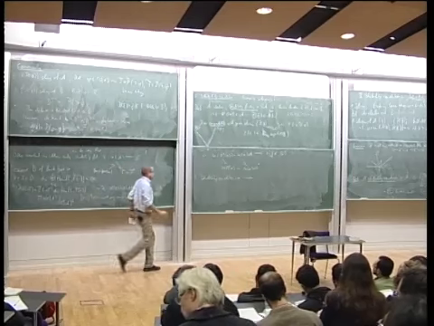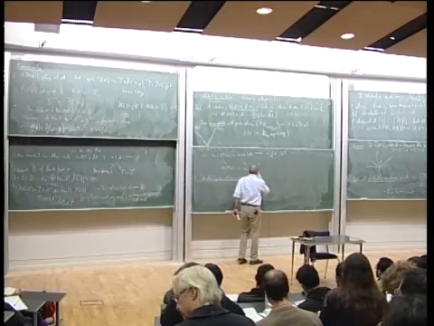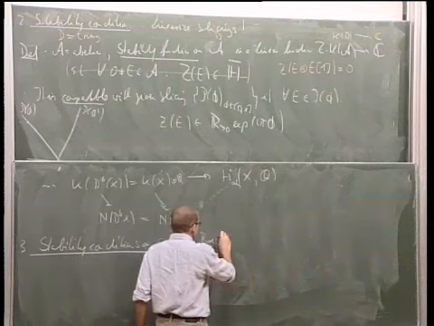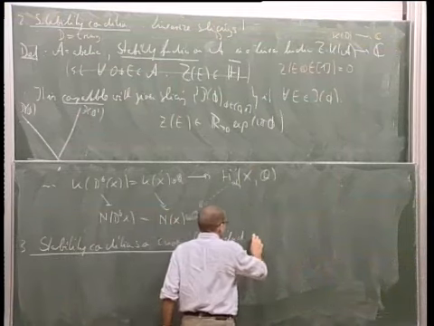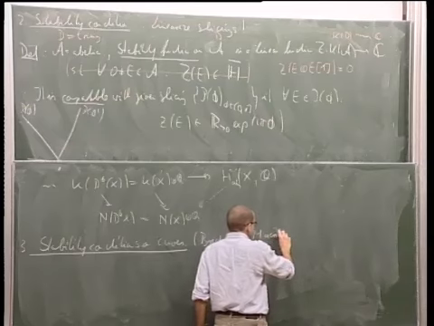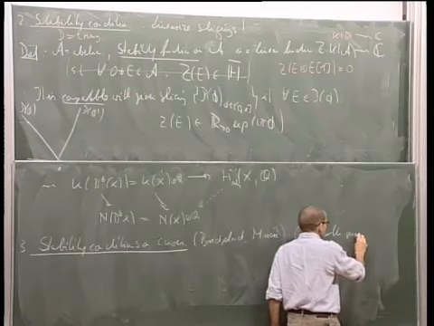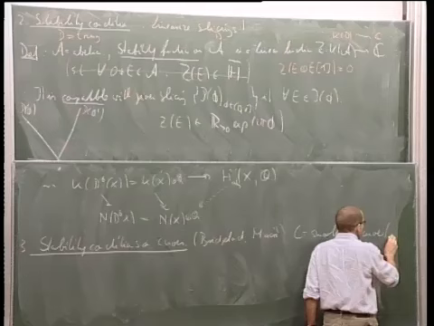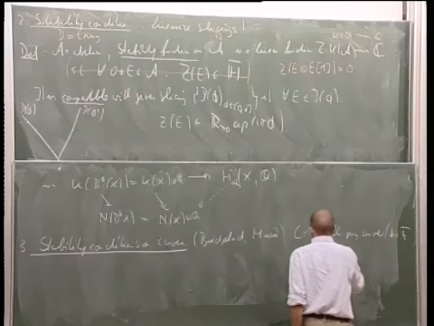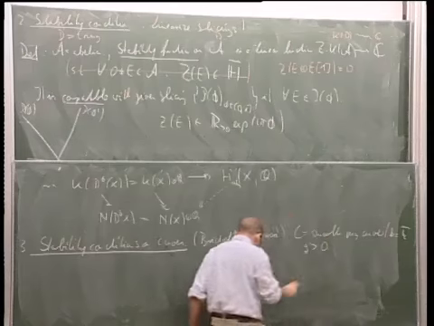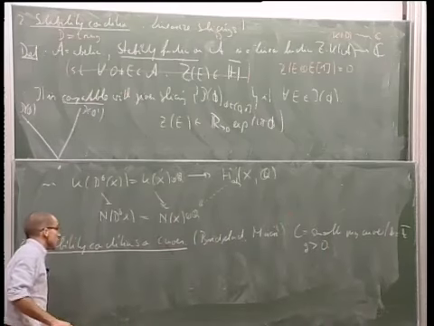Okay, so stability conditions on curves. This is due to Bridgeland and Macrì. We fix a smooth projective curve over some algebraically closed field, and we assume its genus to be positive. Now I'll point out where this assumption comes in.